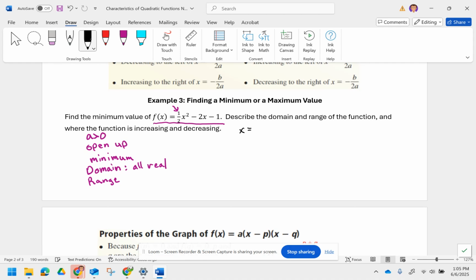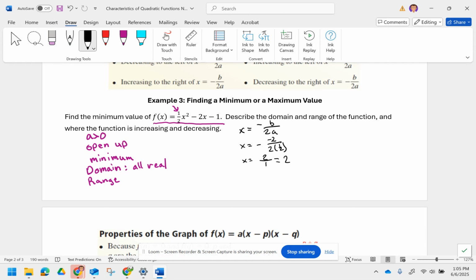So x is going to equal negative b over 2a. B value is a negative 2, and a was a half. Negative of a negative will be a positive, so that'll be a 2 over 1, which is just 2.